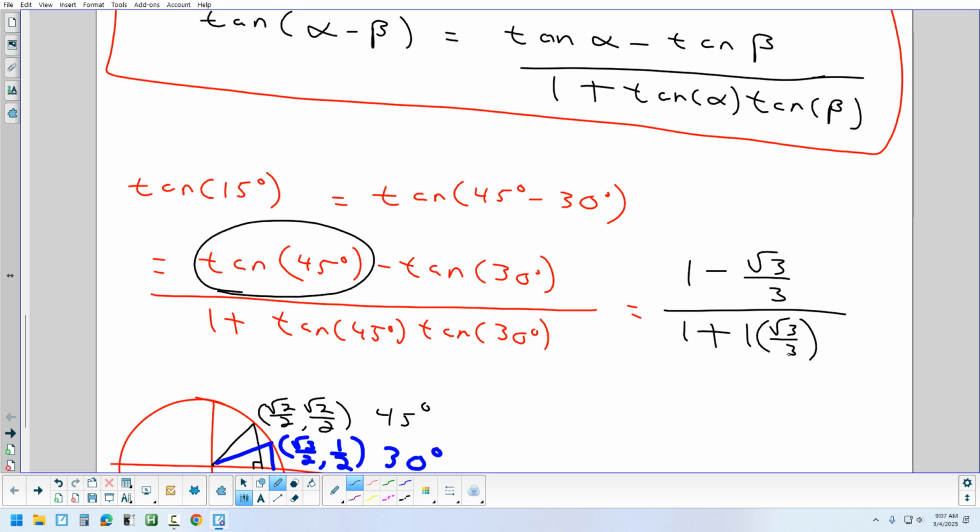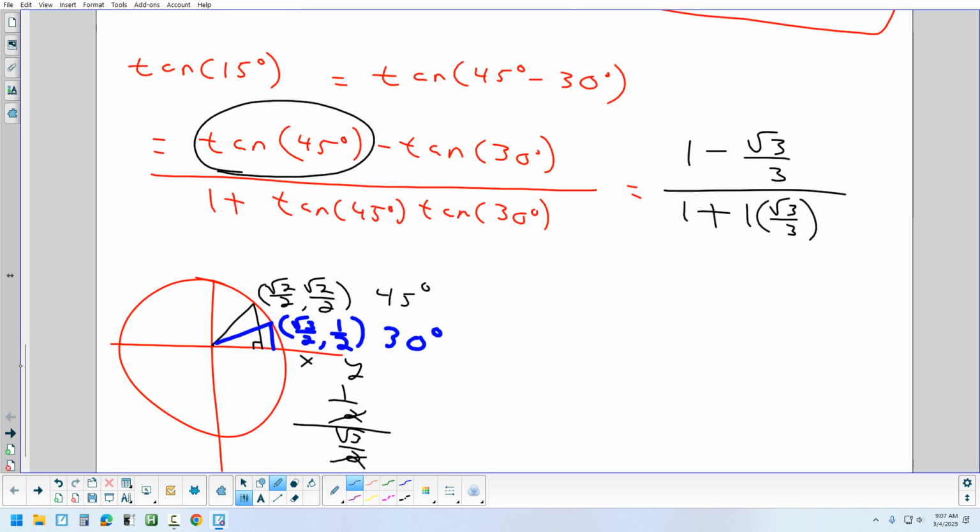All right. So trig is done. Now we need to just clean that up because that's an awful way to leave your answer. First, I'd like to clean up having fractions within fractions. What could I multiply everything by that would make it so I don't have any fractions within fractions?